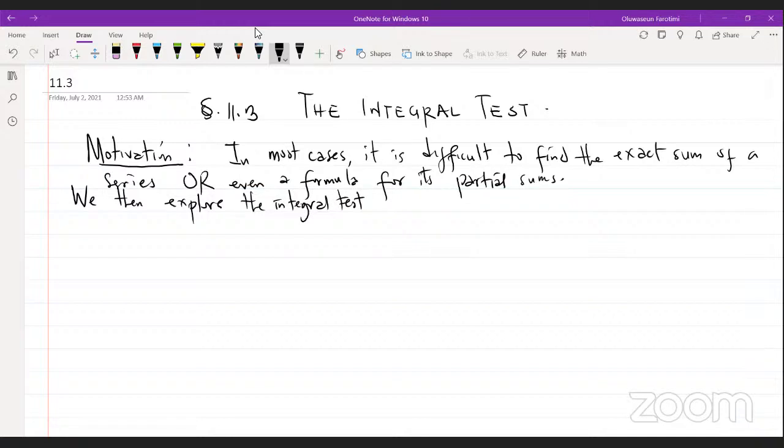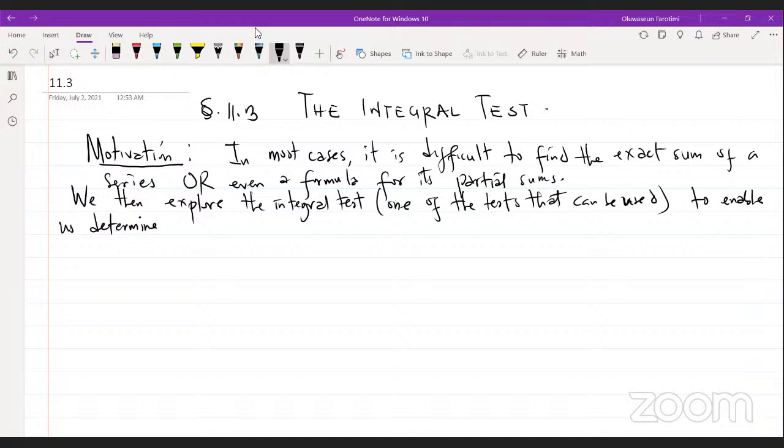The integral test is one of those tests that enable us to determine whether a series converges or diverges, without explicitly finding the sum.